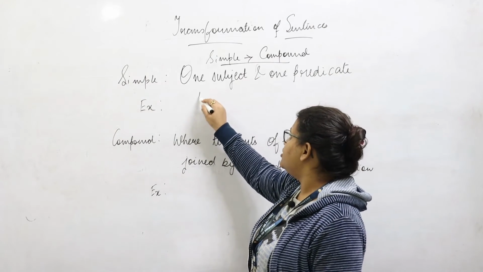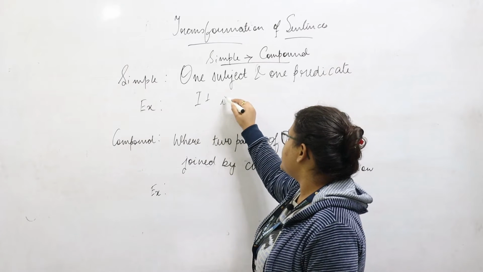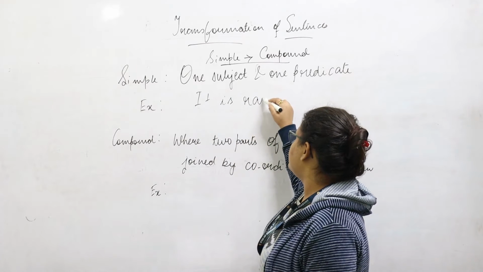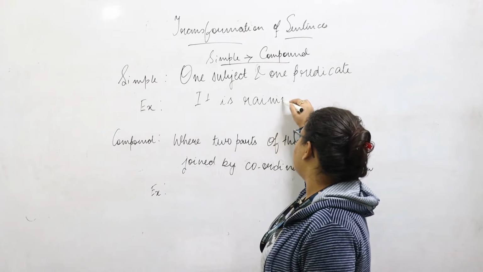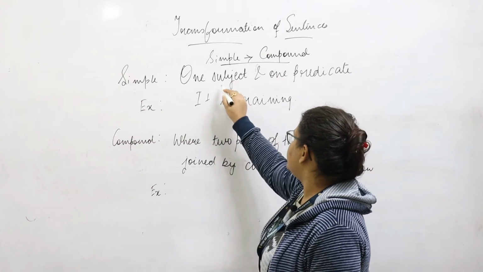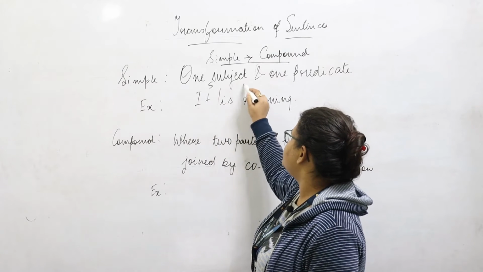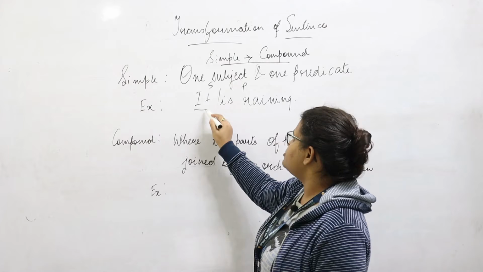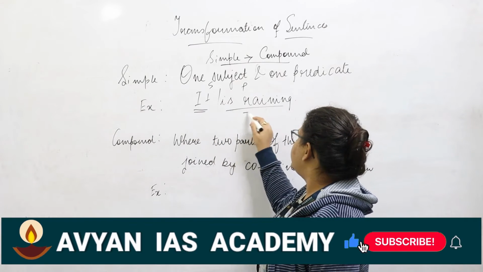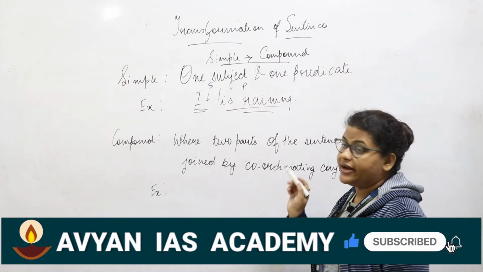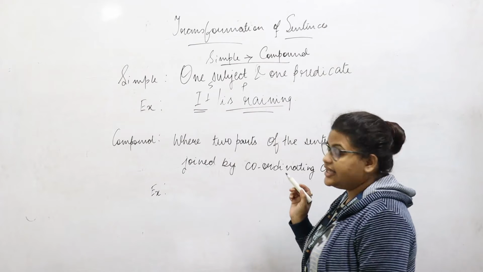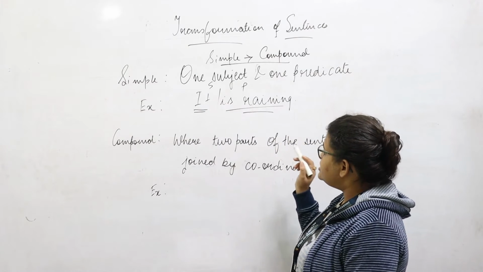For example, it is raining. In this sentence, it is the subject and is raining is the predicate. So there is just one subject and one predicate. That is one action. There's just one action which is happening in this sentence. Hence, this is a simple sentence.